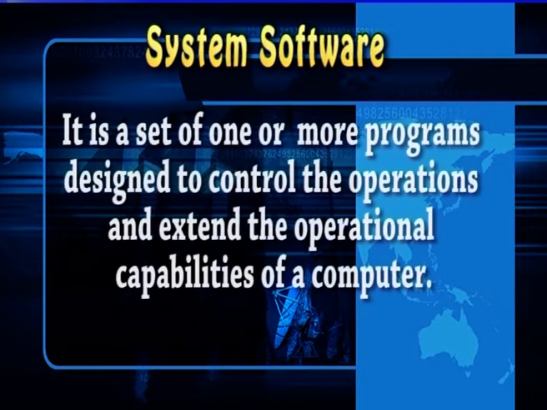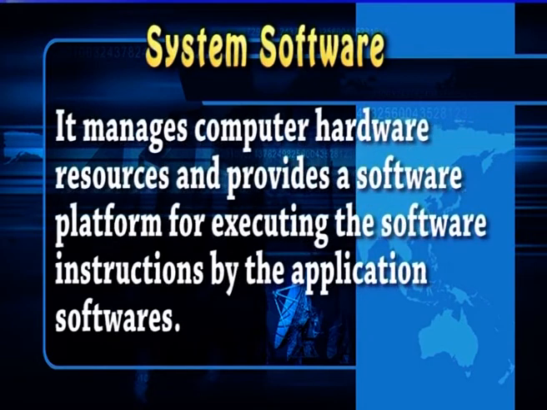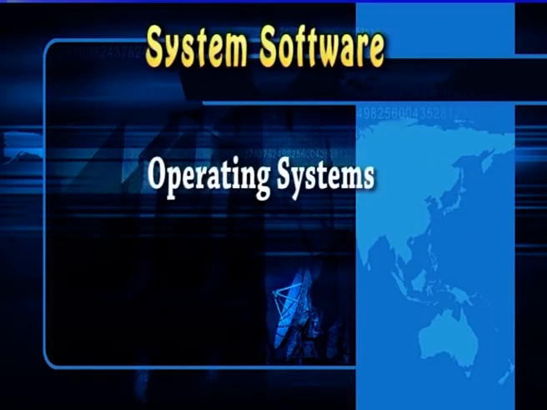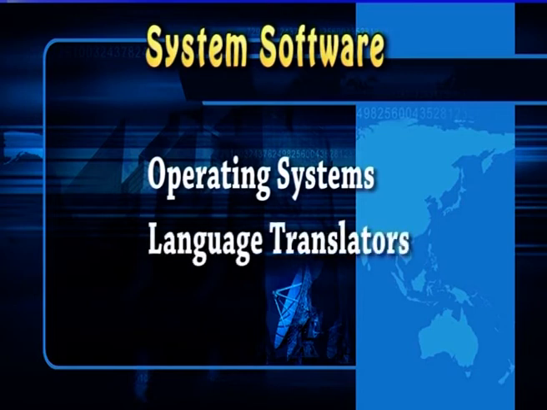System software is a set of one or more programs designed to control the operations and extend the operational capabilities of a computer. System software manages computer hardware resources and provides a software platform for executing the software instructions by the application software. Operating systems and language translators are examples of system software.